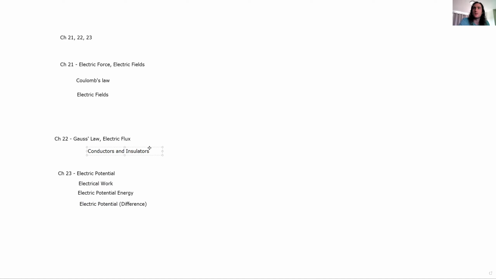So for example, in Gauss's law, when a problem says you have a uniform charge density for a sphere, if the volume of the sphere is charged, then you're talking about an insulator. Because for a conductor, the charge always moves to the surface, and the reason for that is because charge can easily move through a conductor. So there's stuff about conductors and insulators in all 3 of these chapters. So pay attention to that stuff. That will be relevant on the exam.